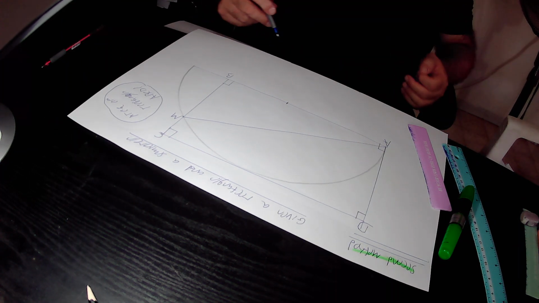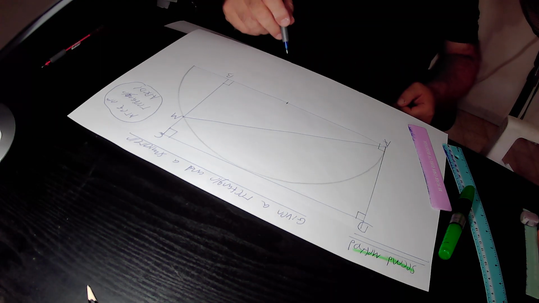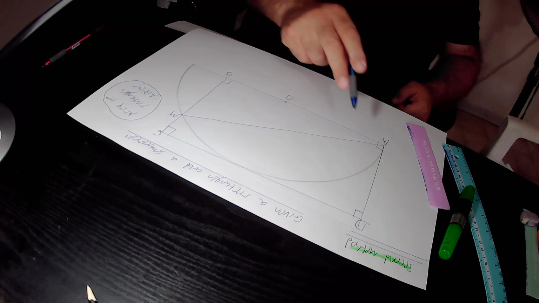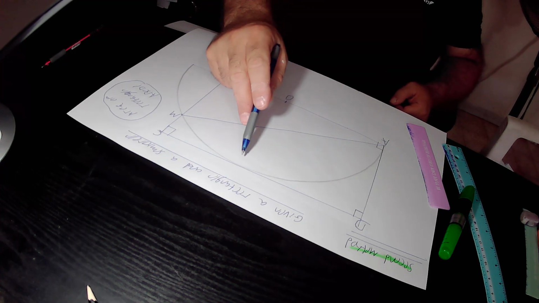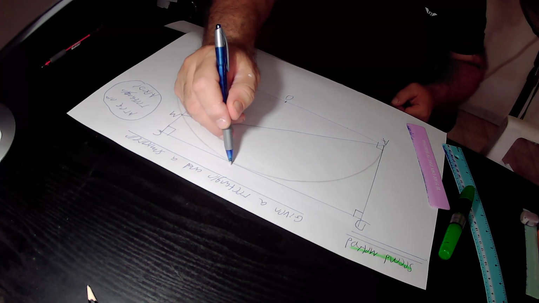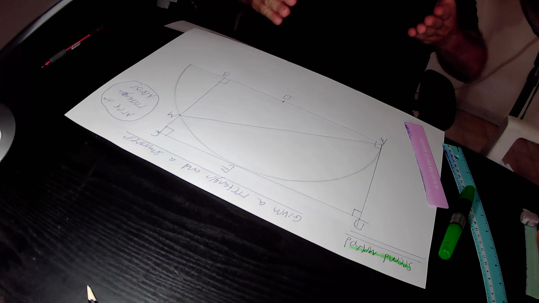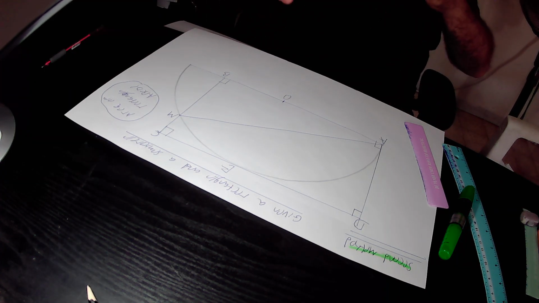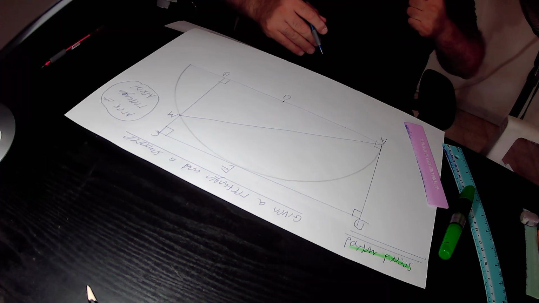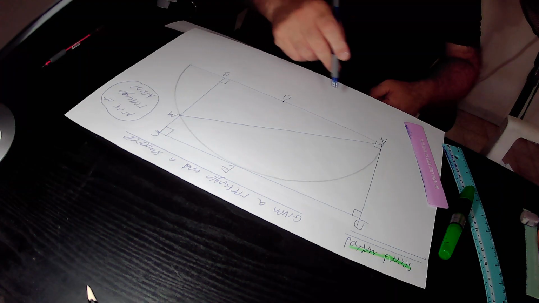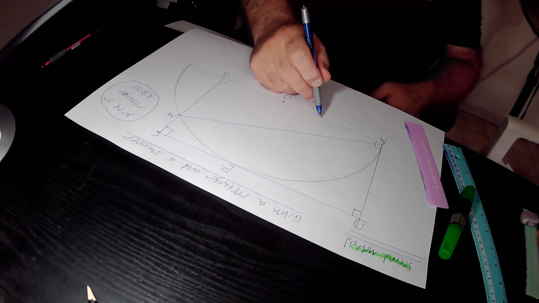In the next step, we define the center of this semicircle. This point is point O. We define the point of tangency of tangent DC with this circle. This point is point E. We define the radius of this semicircle as x. OA is the radius of the semicircle, that is equal to x according to our definition.